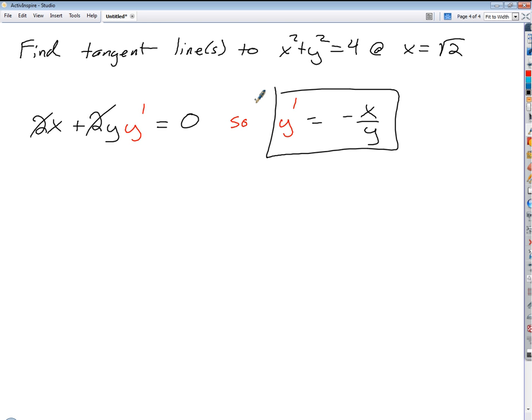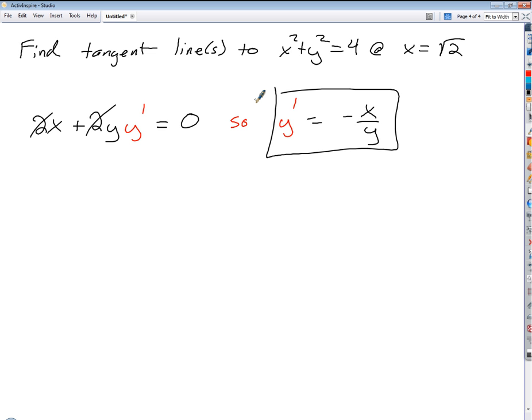So then when x equals the square root of 2, we just have to figure out, just like before, the same process we've always done. If we want to come up with the equation of a tangent line, we just need a point and a slope, right? The derivative function is for giving us a slope, and the original relation is for giving us the y coordinate. If we have an x coordinate, we just plug it in and solve for y, just like before.